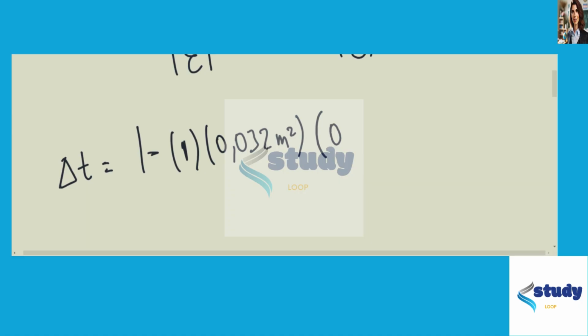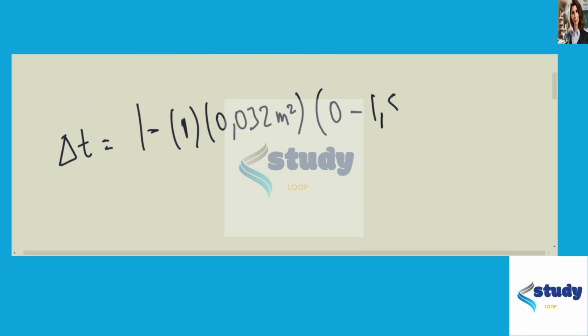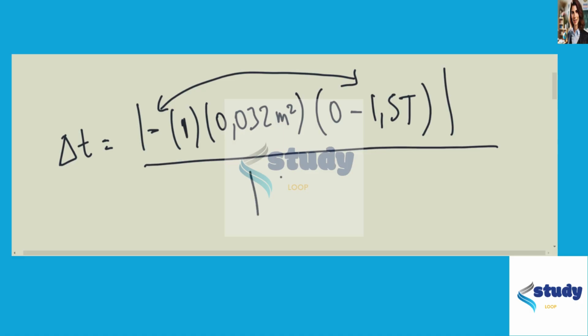So the final is just when it is 0, and the initial one is 1.5 Tesla. So in here we can see that these two signs cancel, and we will have this over the emf. That emf, and we are also given the value for that, that is 0.010 volts.